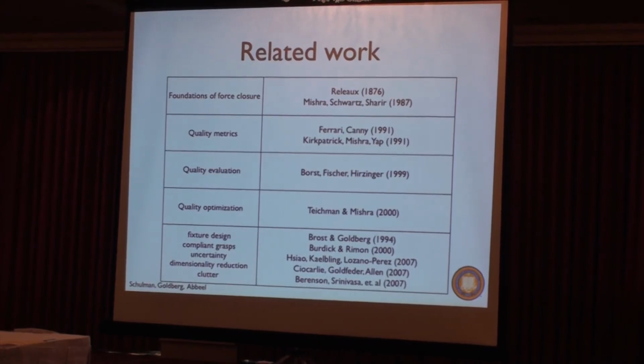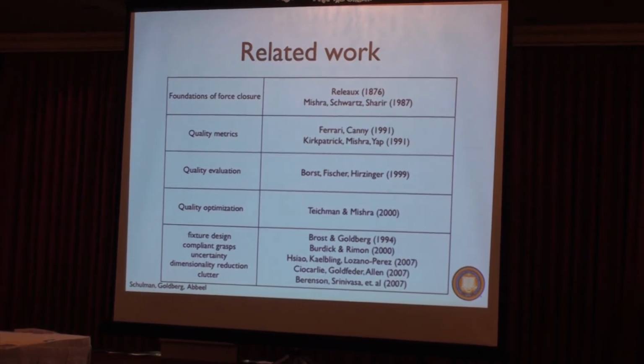So these papers on the quality metrics left two open questions. First of all, how do you efficiently evaluate these quality metrics? And second of all, how do you select the contact points that optimize them? And Borst, Fisher, and Hirzinger worked on the first problem.